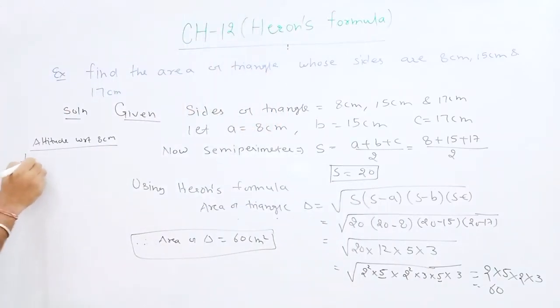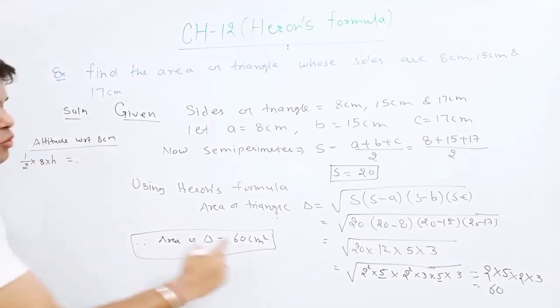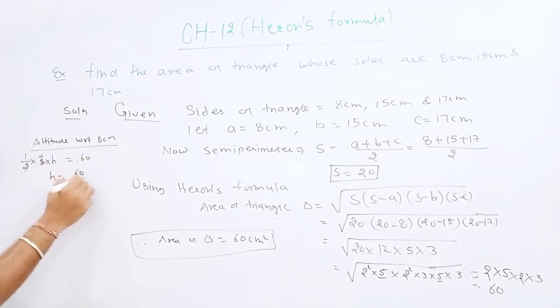So half base becomes 8 into height becomes h. And this area is equal to what? 60 centimeter square. So h becomes 60 by 4, 15.